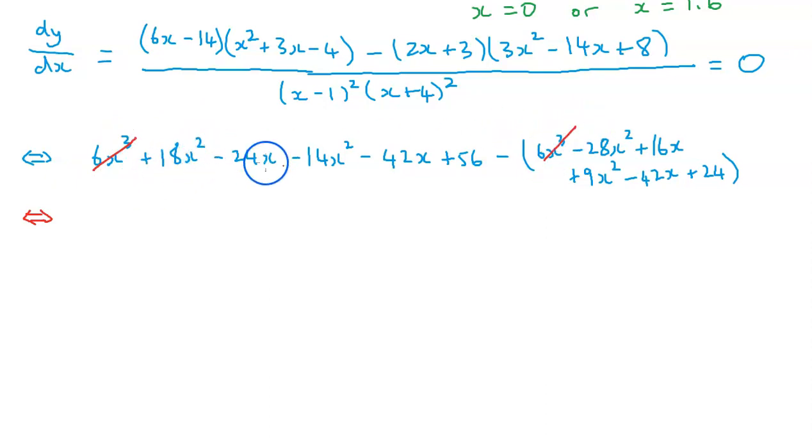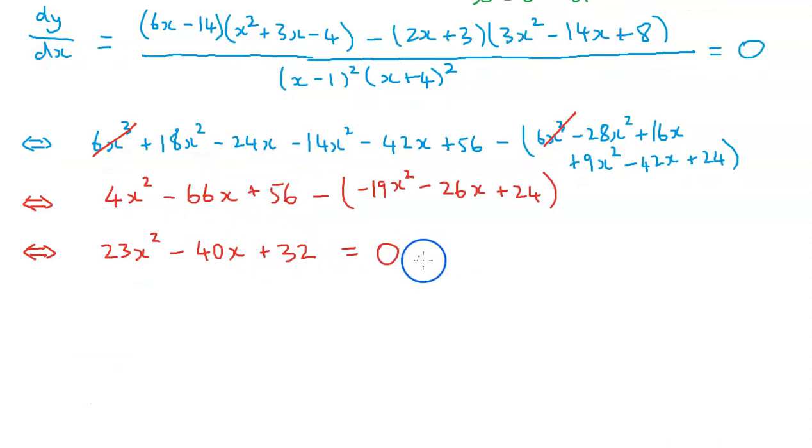We have 18x squared minus... no, I'm not going to make you watch this. This is just too boring. Okay, so simplifying everything down, we end up at this quadratic equation, and you can check that delta is less than 0, so there are no real roots, which means there are no maximums or minimums of this function.